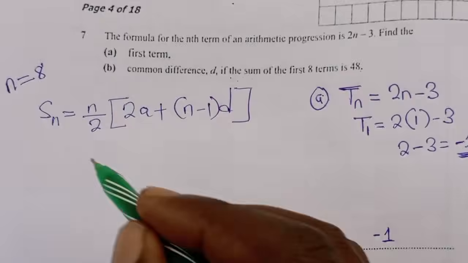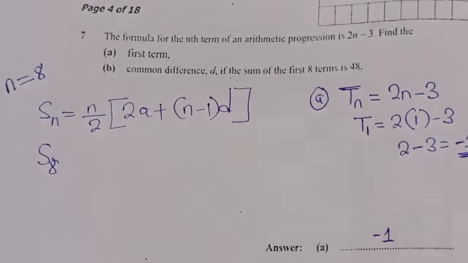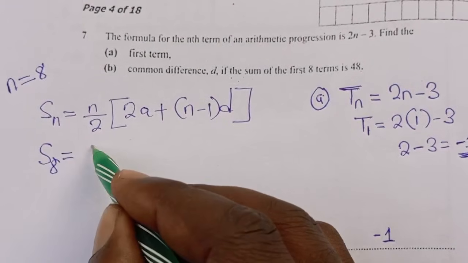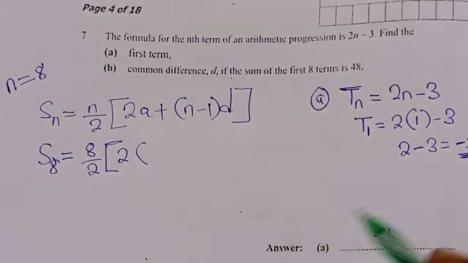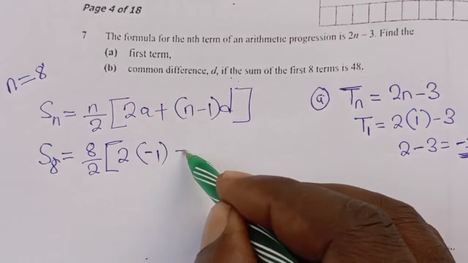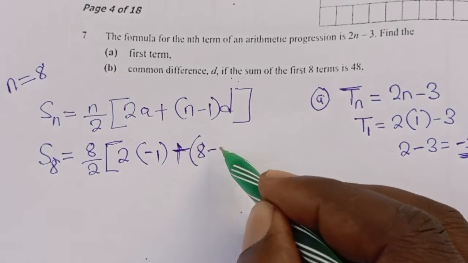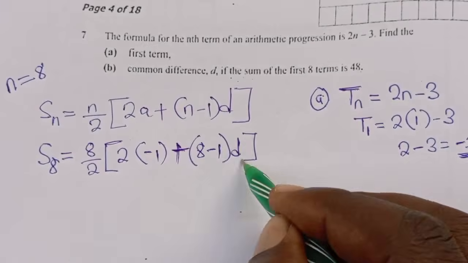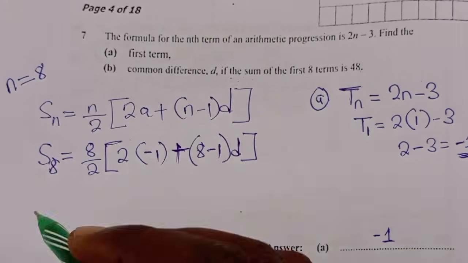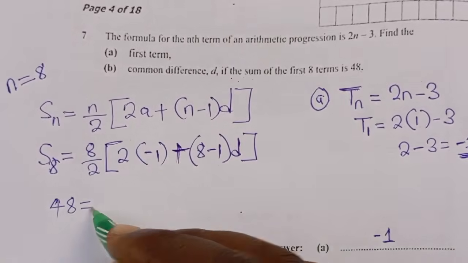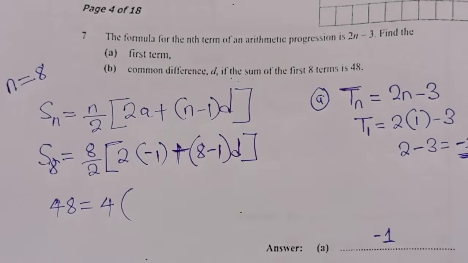So the sum of 8 terms, n is 8 over 2, then 2 multiplied by the first term, which is negative 1, plus n, which is 8, minus 1, then d, which I don't know and is the one I'm looking for. The sum of the 8 terms is 48, so I put 48 there, which is equal to, this is 4. We've got a 4 there. I say open bracket.